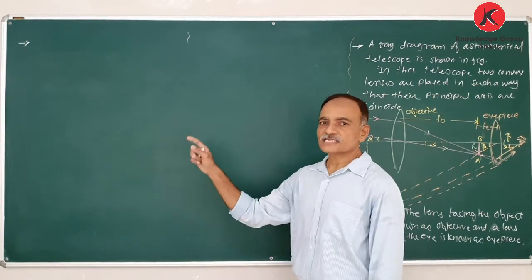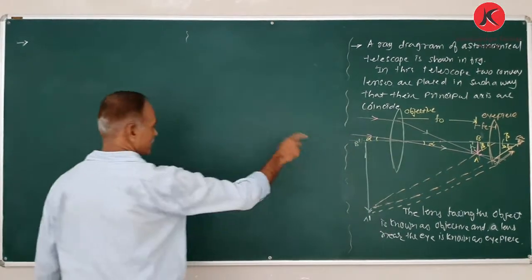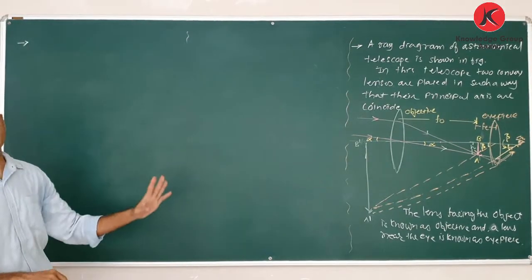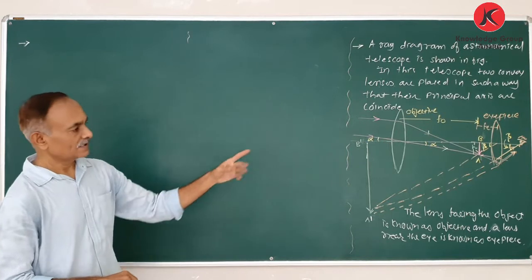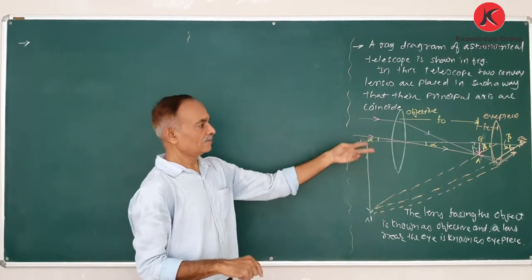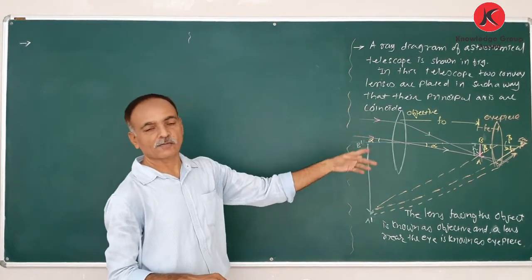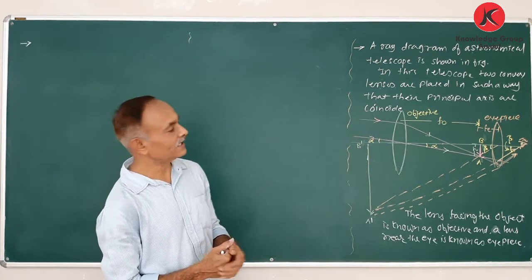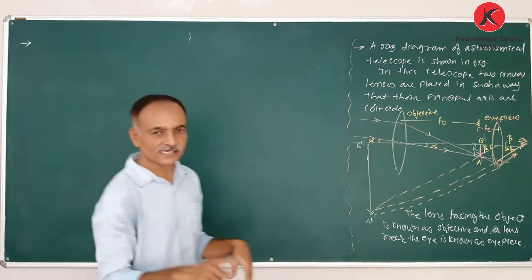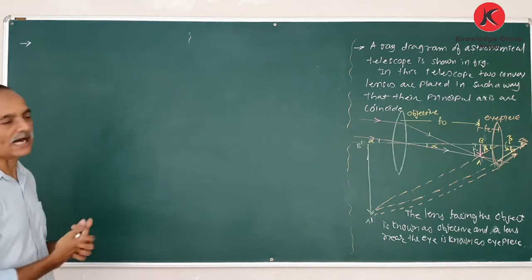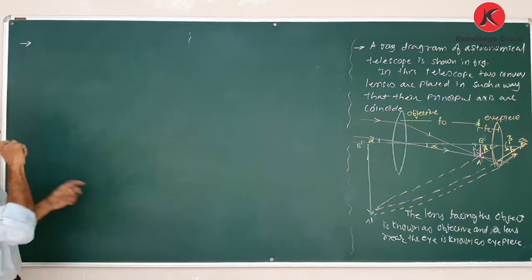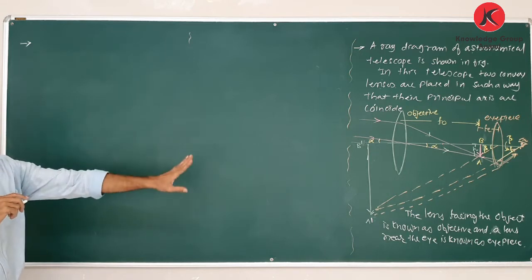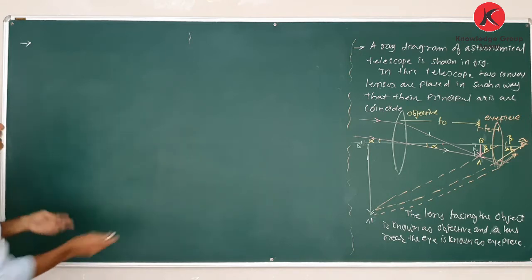Now, we just discussed the ray diagram of the astronomical telescope. Here the two lenses are placed in such a way that their common axes coincide. The lens near the object is known as the objective, and the lens near the eye is known as the eyepiece.